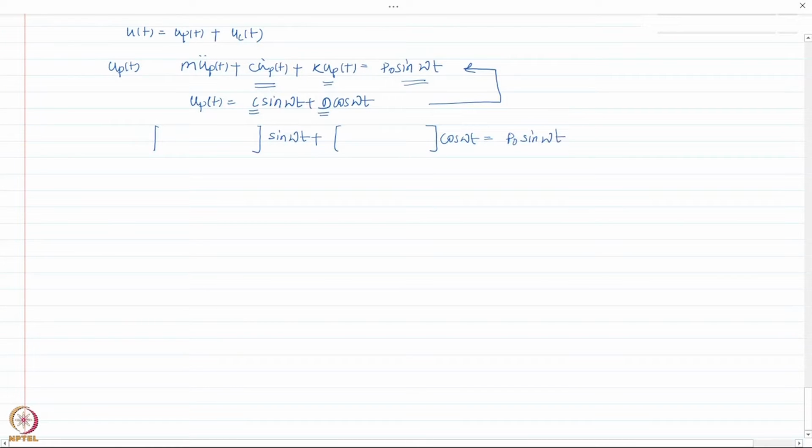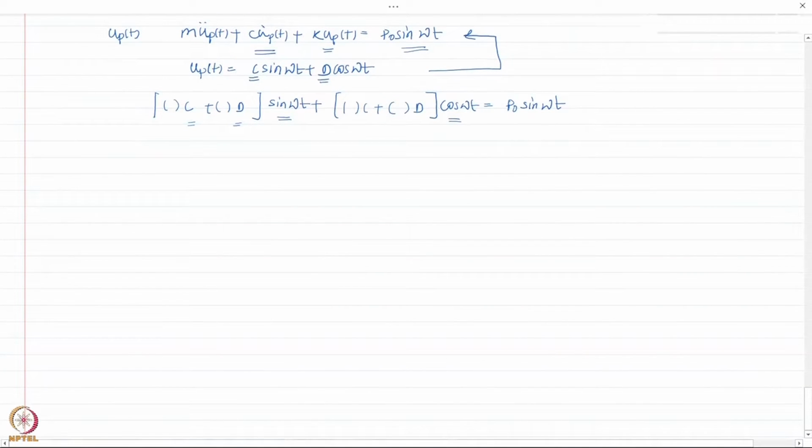So it would be some terms times C plus some terms times D, and similarly here some terms times C plus some terms times D. If you compare the coefficients of sine omega t and cos omega t on both sides of the equality, you will get two equations in terms of C and D, and then you can solve them to obtain the expressions for C and D. I would leave that for you to do. I'm just going to write here the final expressions for the constants C and D.